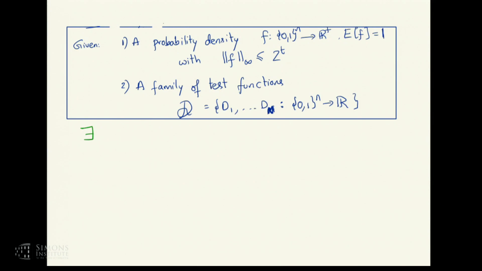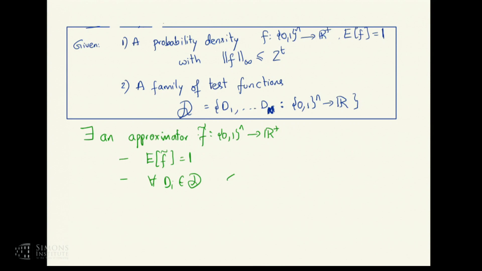This is the theorem that we can prove: there exists an approximator f tilde which is a density, such that for every test function d_i in D, the inner product of d_i with f is within plus or minus eta of the inner product of d_i with f tilde.